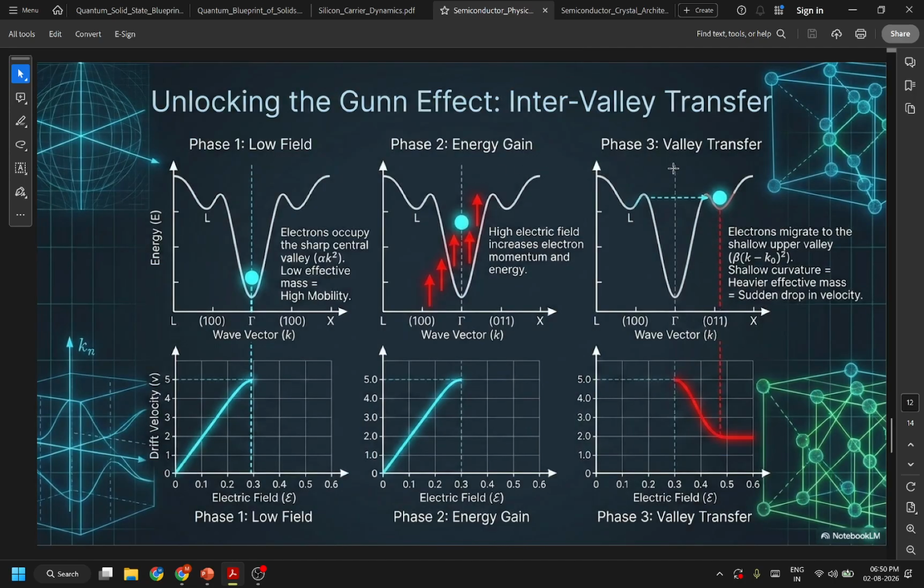Above a certain level, it is able to transfer from this valley to a different valley which is shallower. Since it is shallower, it results in a heavier effective mass, which results in lower mobility and a sudden drop in velocity.